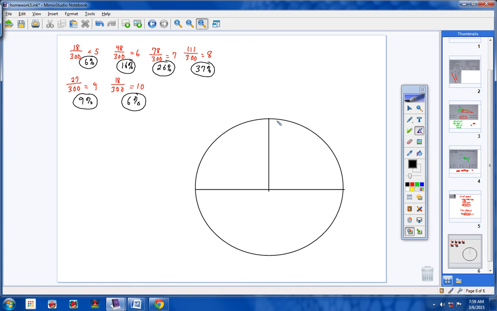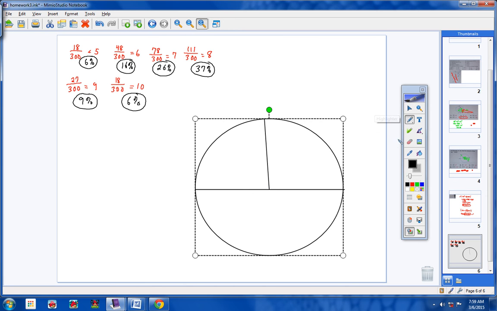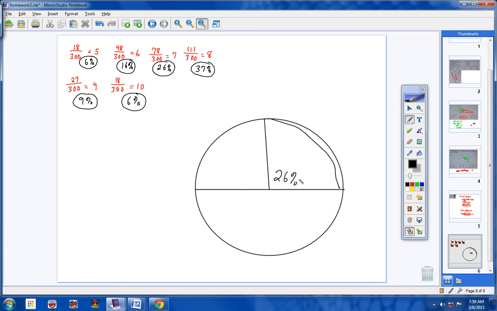So I'm going to go ahead and take this line and barely scooch it forward, just a hair. And I'm going to call that 26%. Okay? So it's good enough. You don't have to measure it exactly. So this is 26%. Okay? Now what's the arc length? Well, remember, guys, the arc length is the same as this central angle here.